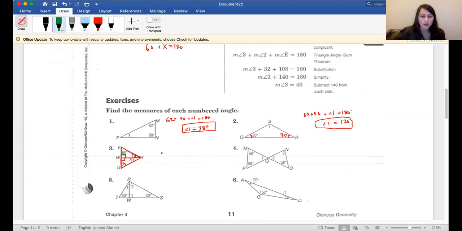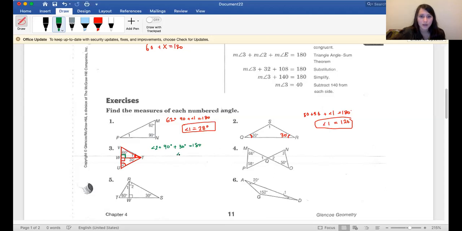So you can work them out two different, I guess the same way really, but we've got two equations we've got to do. Angle 2 plus angle T plus this angle right here, which is a right angle, equals 180. So I'm going to write this as angle 2 plus 90 degrees plus 30 degrees equals 180 degrees.